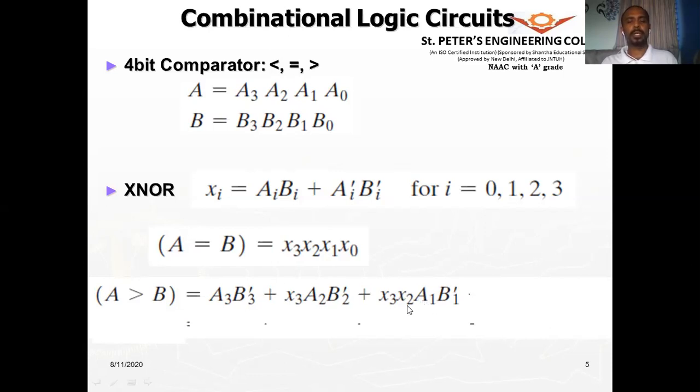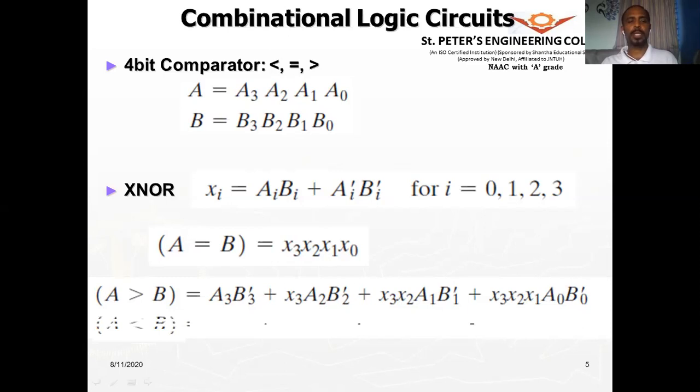Again, if there is equality, then we go to the last bit, that is the least significant bit, and check. If it is more or less, we check here. So we say that A is greater than B for these conditions. This is how we check A is greater than B.